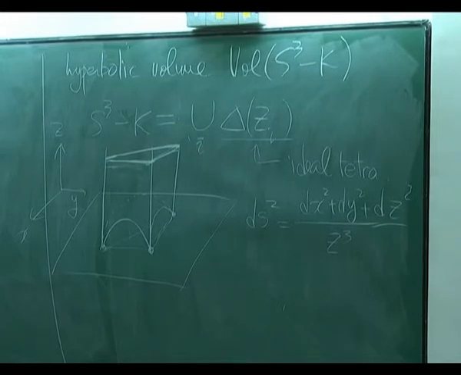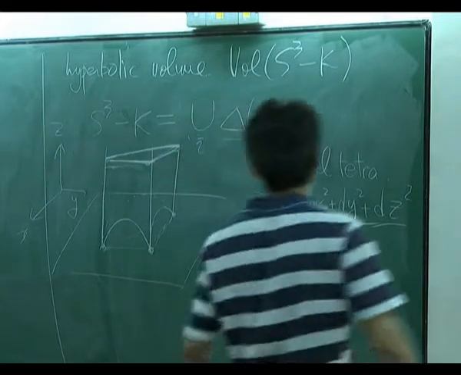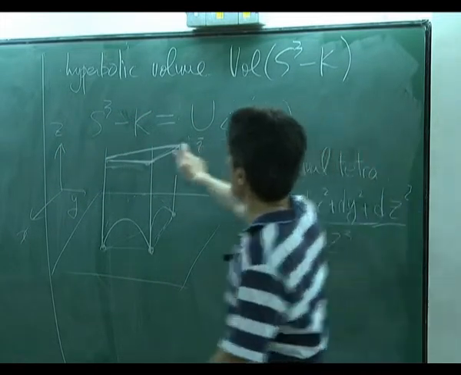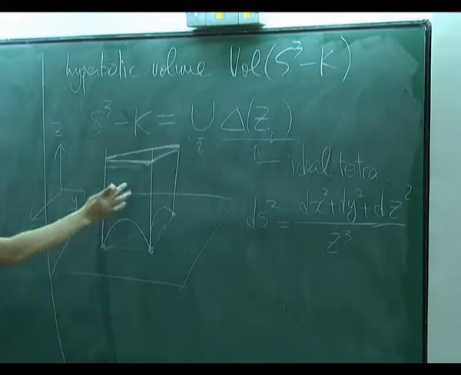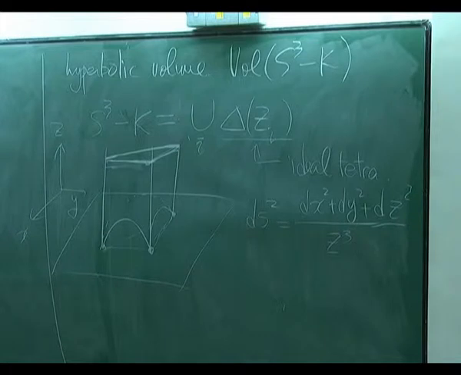And in this space, a geodesic is just a hemisphere, so the bottom one is just a surface of a sphere. So the hyperbolic volume is just the sum of the volumes of these hyperbolic ideal tetrahedra.